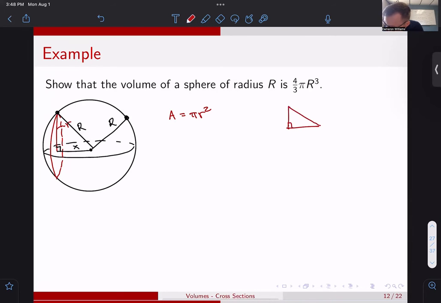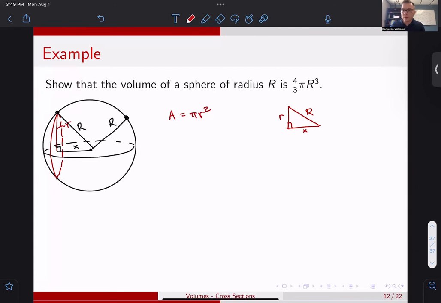There we go. The height of the triangle was little r, and then the distance along the bottom side was x. It was the distance from the center point, the center of our circle, or our sphere.